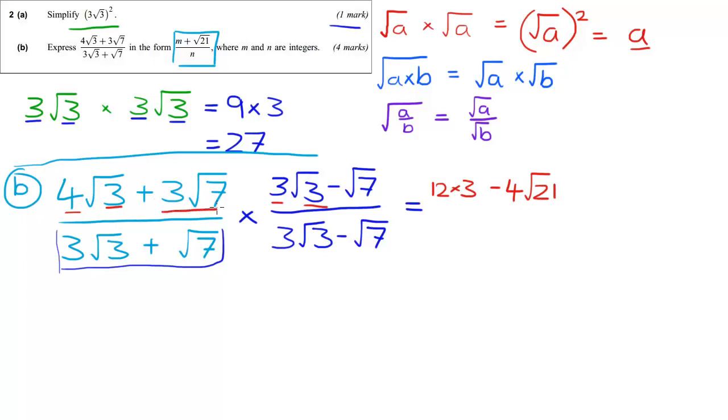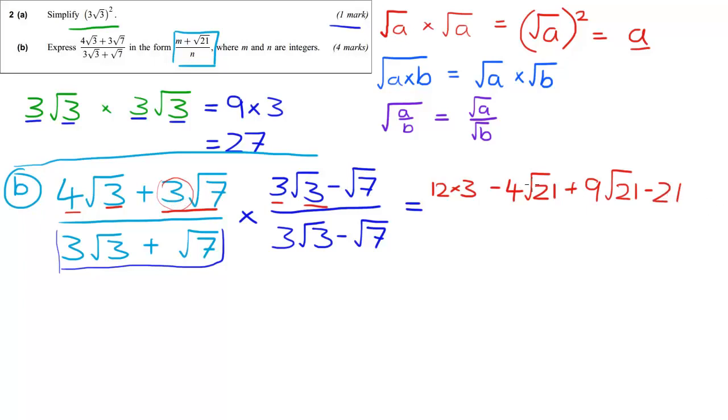Then here we have 3 root 7 times 3 root 3. So we're going to get plus 9 root 21, because 3 times 3 is 9. And then 3 root 7 times minus root 7. So we're going to get a minus 3 times 7, because root 7 times root 7 is 7, so minus 21.